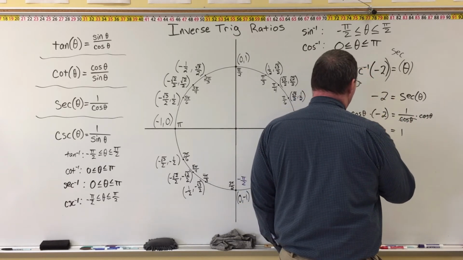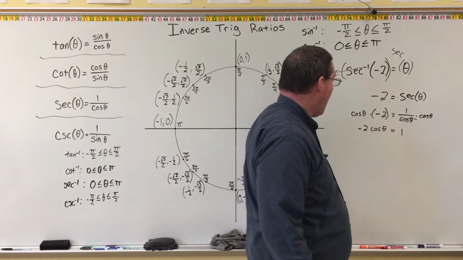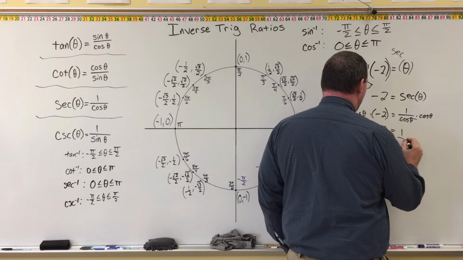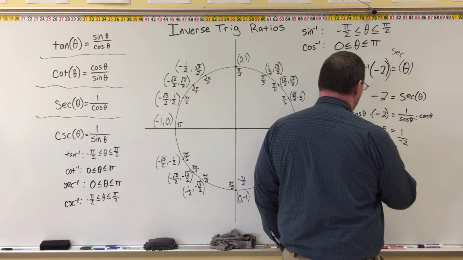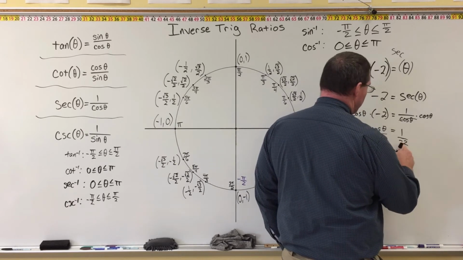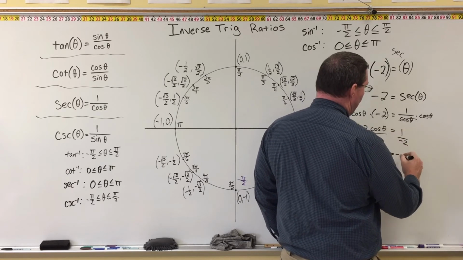And over here, we're going to have negative 2 cosine of theta. And now, to solve for cosine of theta, we're going to divide by negative 2 on both sides. Cancel on this side, and we have cosine of theta is equal to negative, the negative can go in front of the whole thing, because we've got a positive divided by a negative.